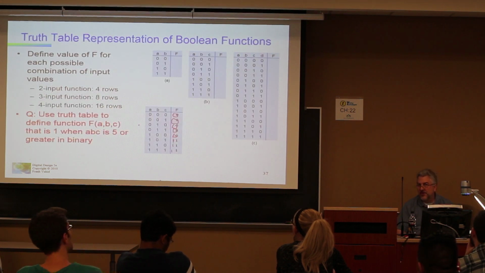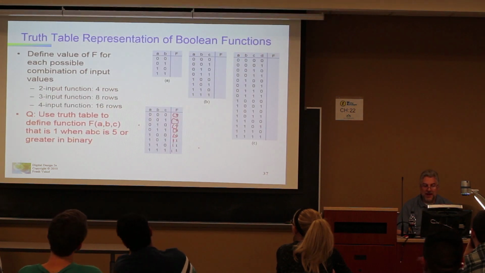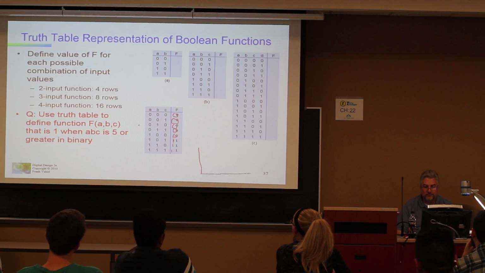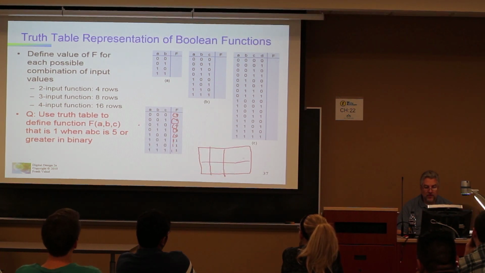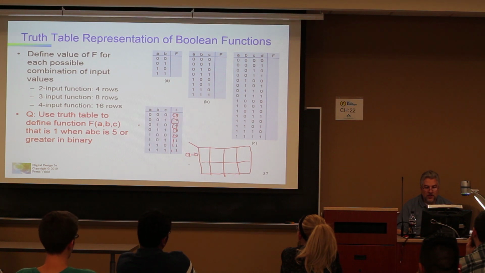And just for fun, let me do one more. Let me do the K-map. So in the K-map, when A is equal to 0 and A is equal to 1, and when B and C are 0, 0, 0, 1, 1, 0, or 1, 1.